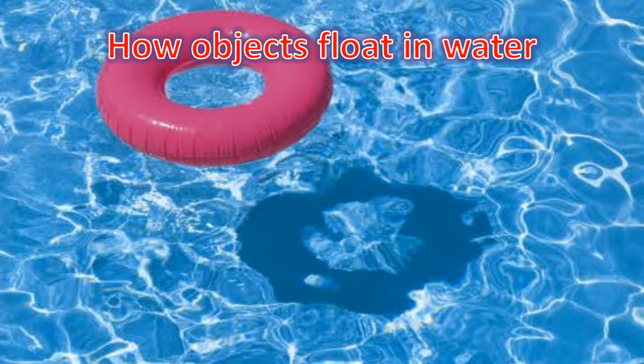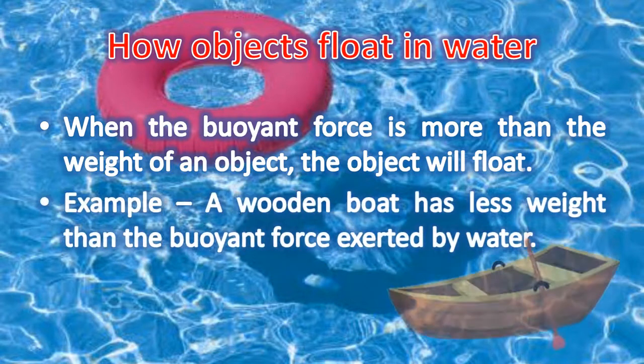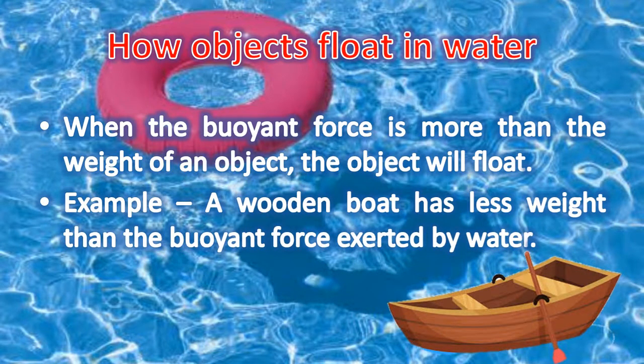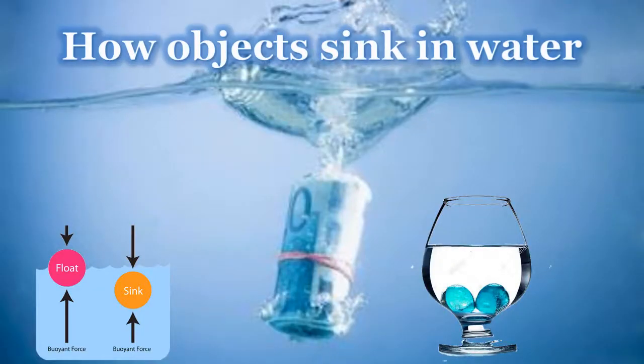Now let us see how objects float in water. When the buoyant force is more than the weight of an object, the object will float. Example, a wooden boat has less weight than the buoyant force exerted by water. Now let us see how objects sink in water.